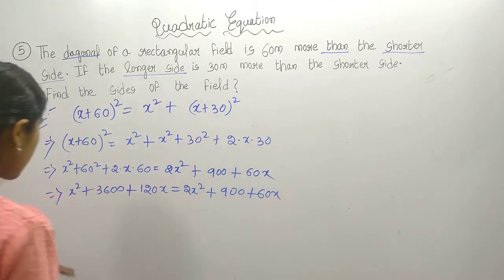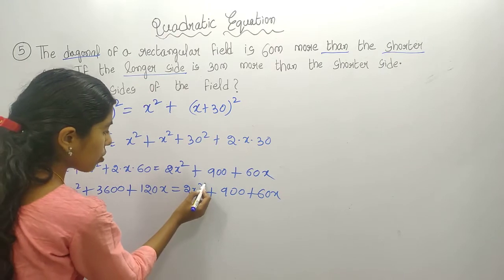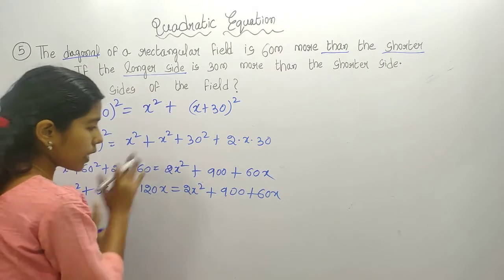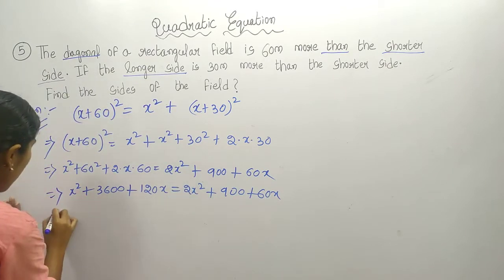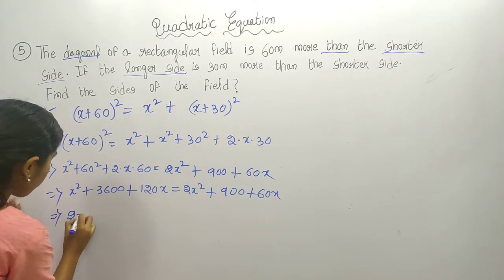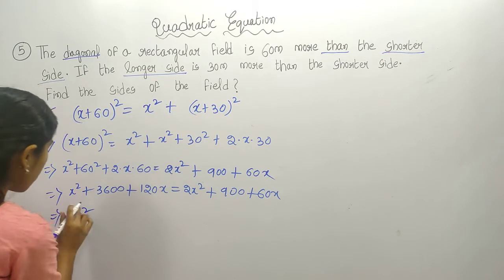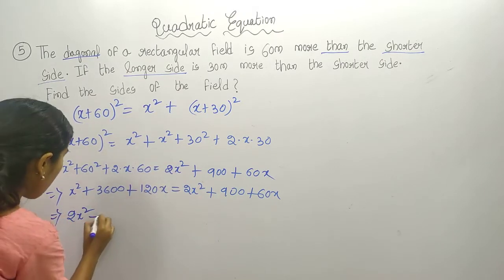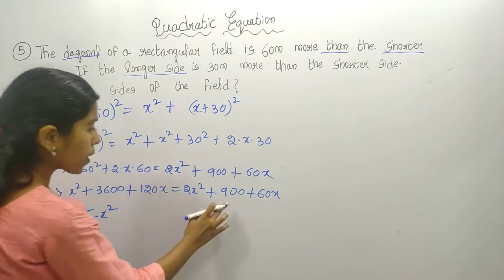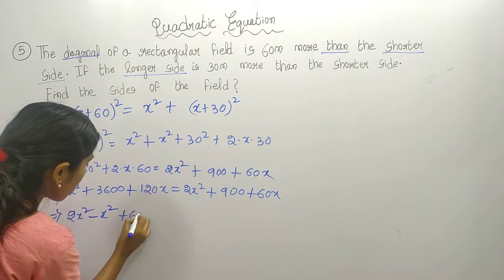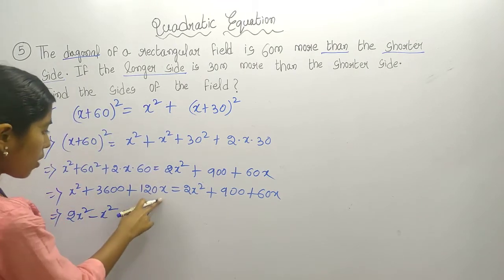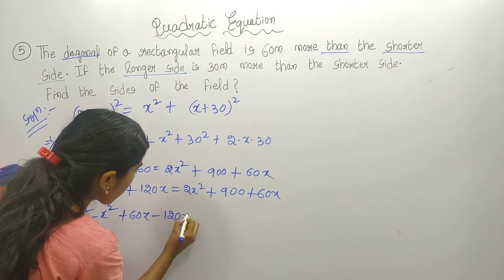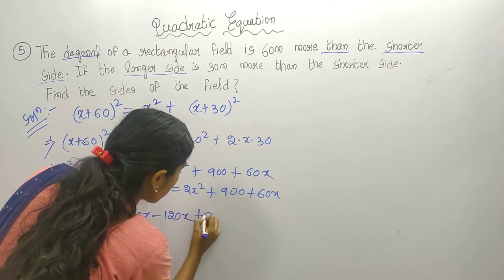So here you see, highest degree is 2, here 2 is there, here 1 is there. So we will take everything to the right hand side. So what will happen? 2x square, then this plus x square, you take to right hand side, it will become minus x square, plus 60x. Next, plus 120x, you take to right hand side, it will become minus 120x, plus 900.